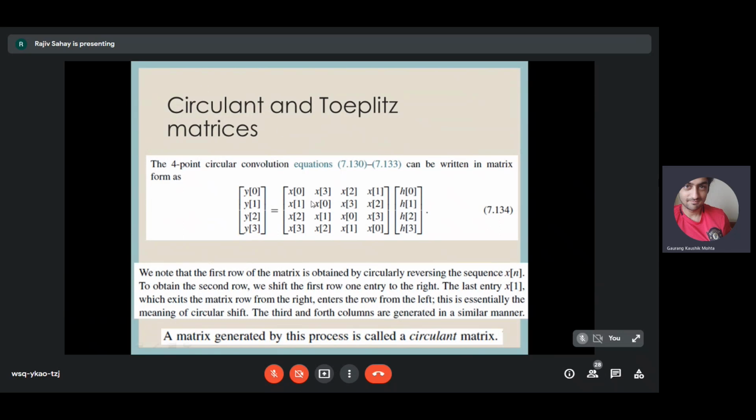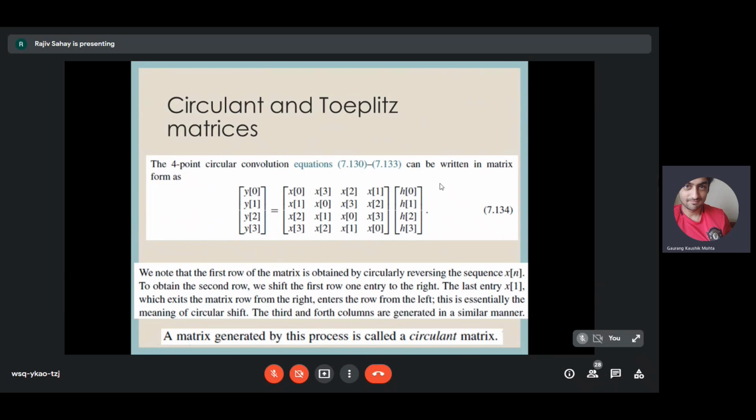X1 here is appearing here, x2 here is appearing here, x3 here is appearing here, and x0 here is appearing here. That means each row is a shifted version of the previous row. Similarly for the columns, x3 is appearing here, x2 here, x1 here, and x0 here. Can you see my cursor, everyone?